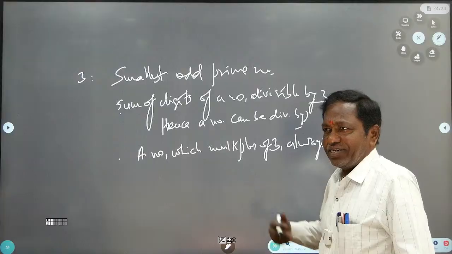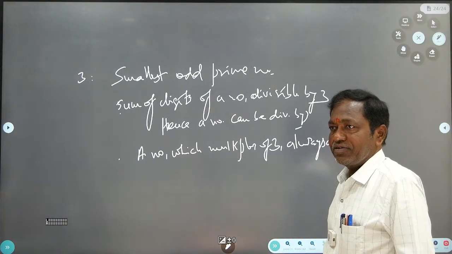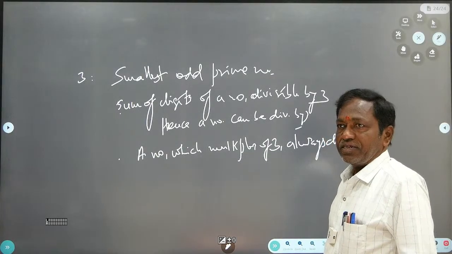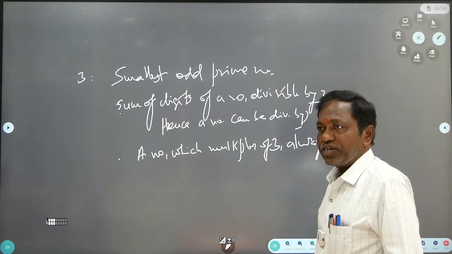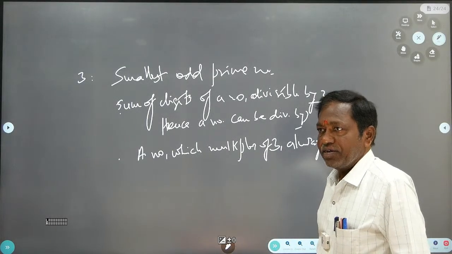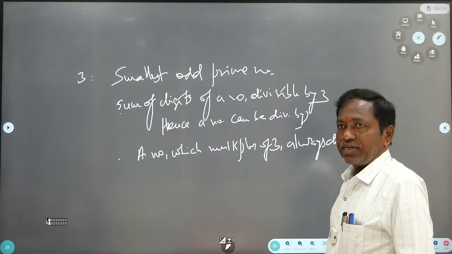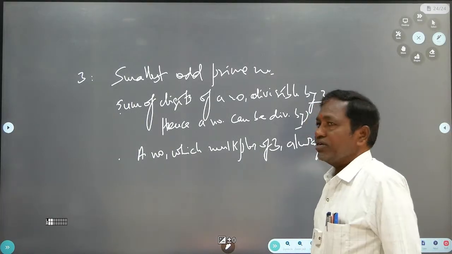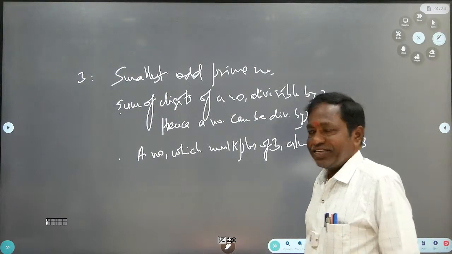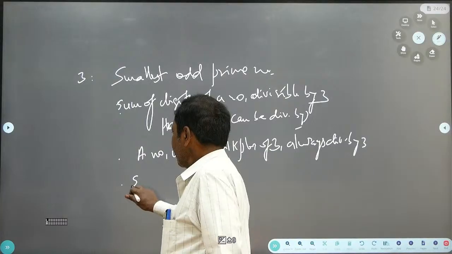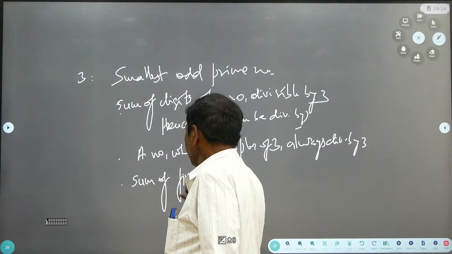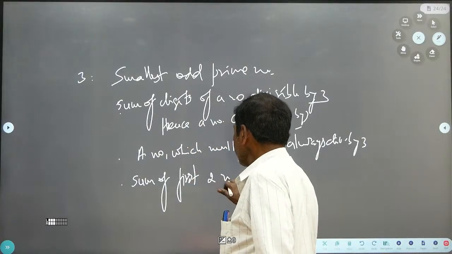Definitely this is not uniqueness, I understand that. Uniqueness is something exclusive to a certain number. Right, this is the 3. And the uniqueness is that the sum of the first 2 natural numbers is equal to 3.